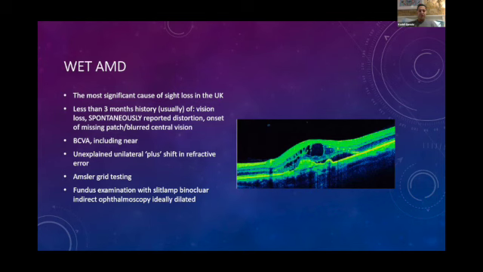You want to check their best corrected visual acuity, including their near vision. And if you've got unexplained unilateral plus shift in the refractive error, that's always a suspicious feature. Obviously Amsler grid testing is extremely helpful, and examination of the patient, preferably dilated with a slit lamp or an indirect, will often show area of elevation and hemorrhage.